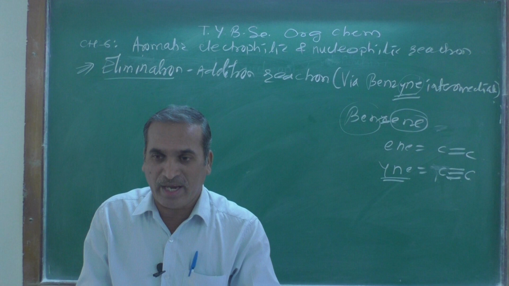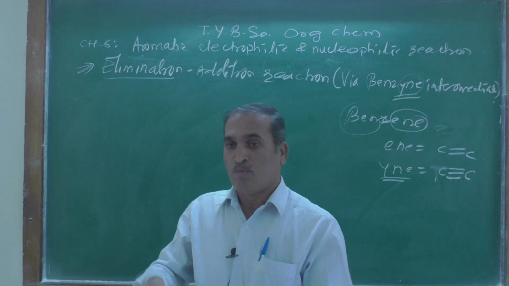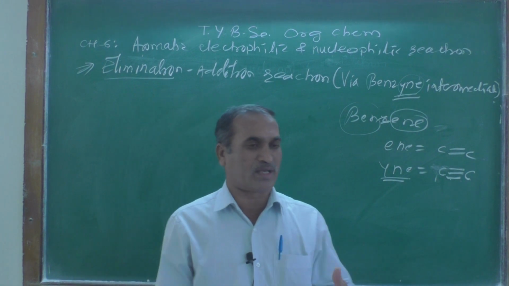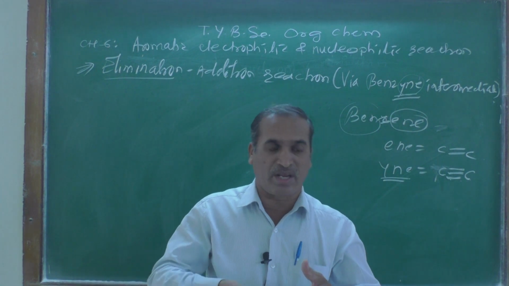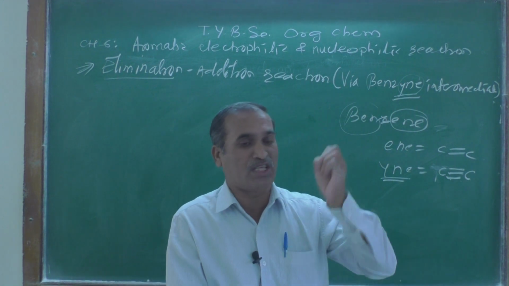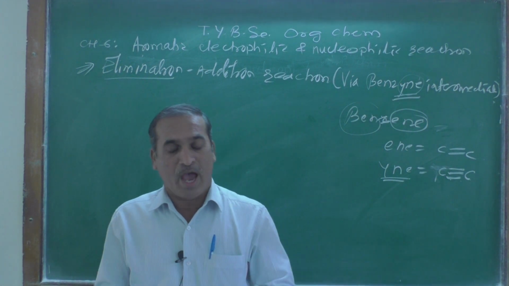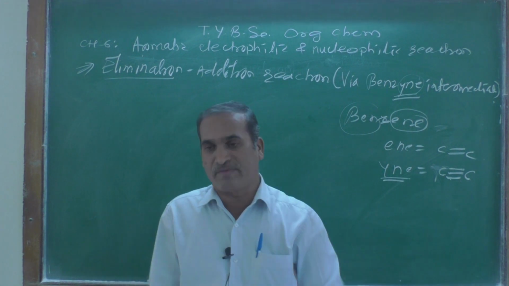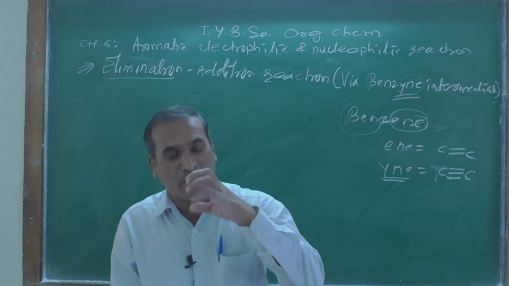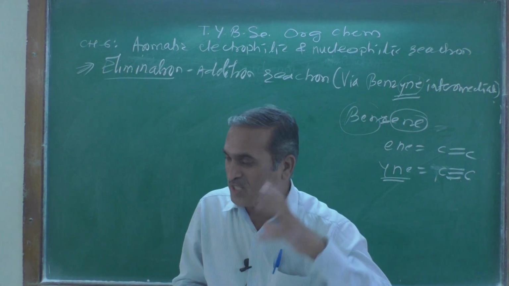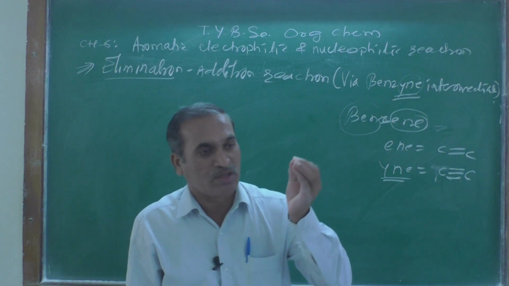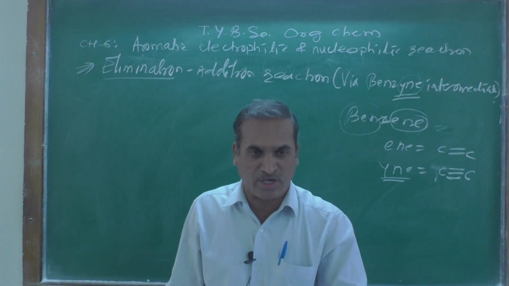But when a monosubstituted benzene has an electron withdrawing group, it removes electrons from the benzene, and the benzene feels electron deficient in nature.